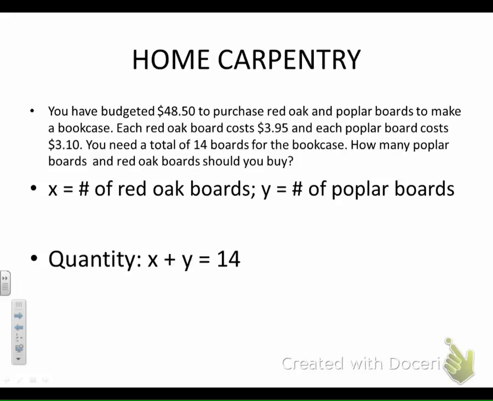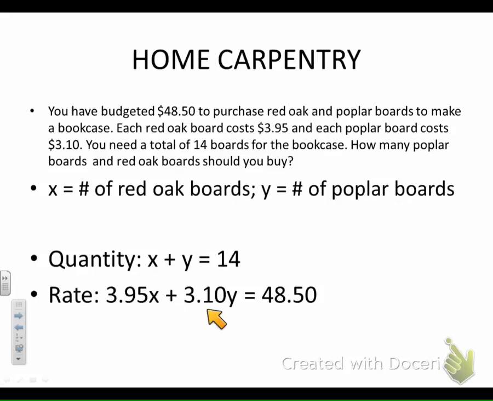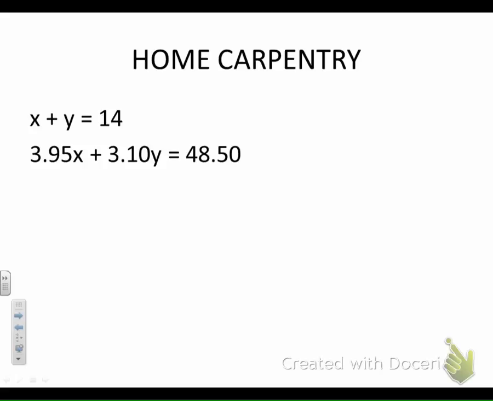And there is a quantity equation. If you add those two together, they should be 14. There is a rate equation, taking how much each one costs. Again, this may be switched around if you chose different labels. But the total is $48.50.